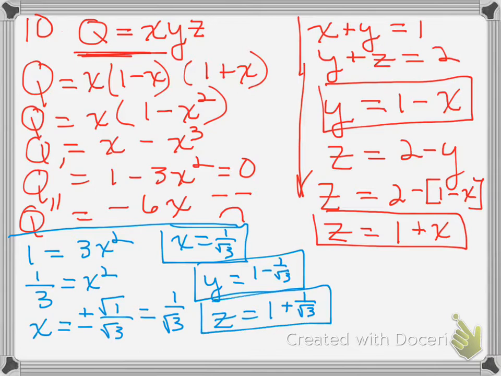And then what's our product going to be? So q equals 1 over root 3 times 1 minus 1 over root 3 times 1 plus 1 over root 3. I think I'm going to leave it like that in the interest of space. Well, maybe I'll go one more step.